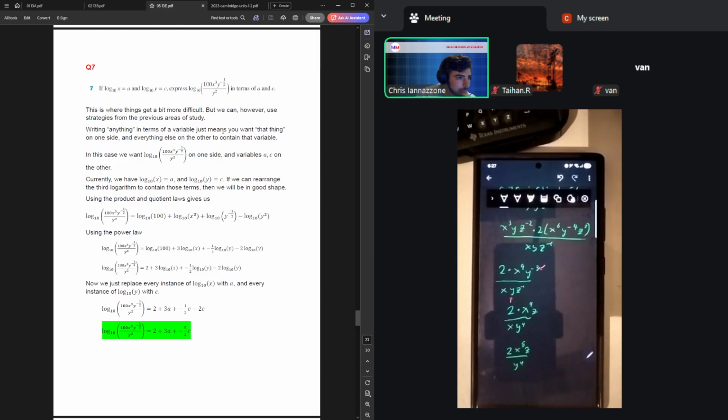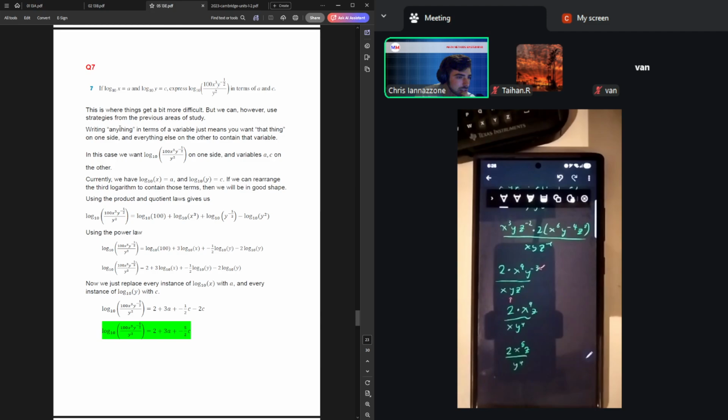Interesting. Okay, so it's given us a couple of logarithms that are equal to different constants. Log10 x is a, log10 y is c. We've got another log10, which has a bunch of x and y's in it, and we want to get rid of those x and y's and turn them basically into a's and c's. So what do we do there?